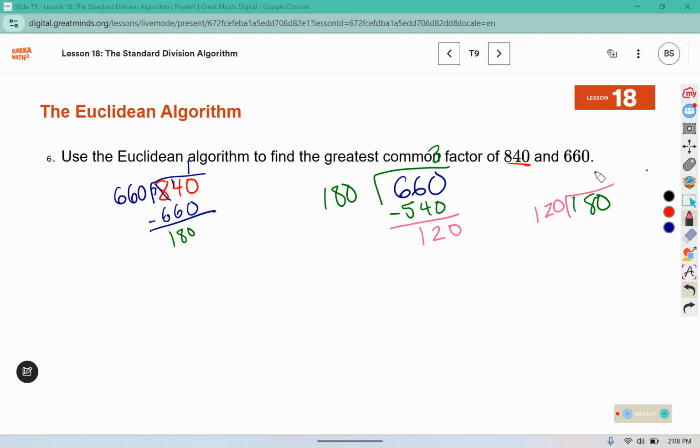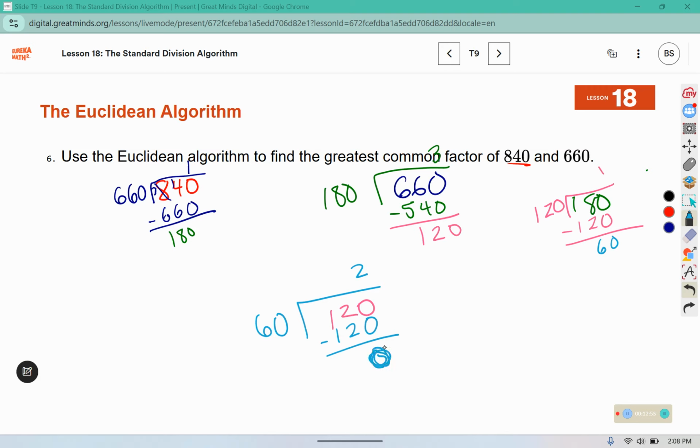That fits in there one time, leaving us with 60. 120 goes inside now, and 60 is on the outside. 60 fits into 120 2 times, and that gives us 0.